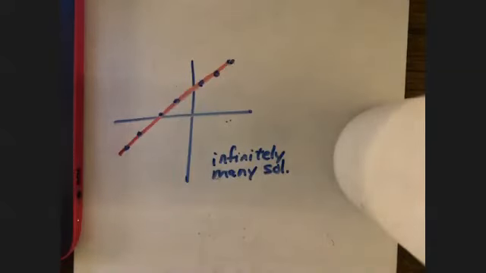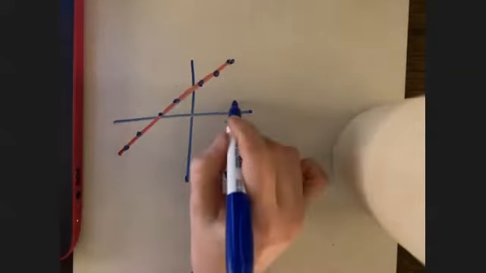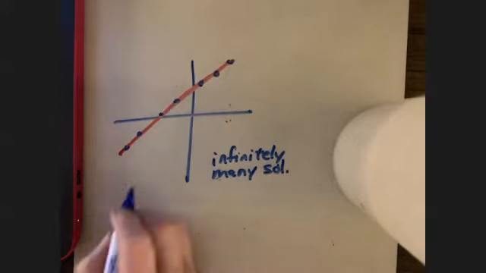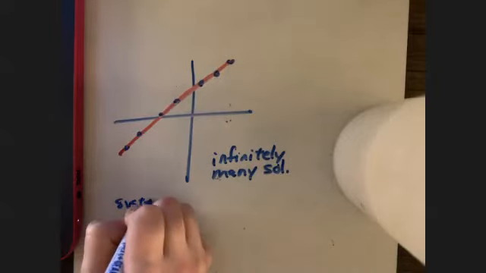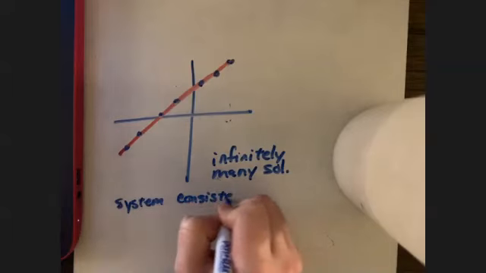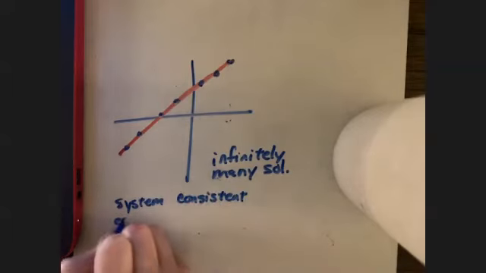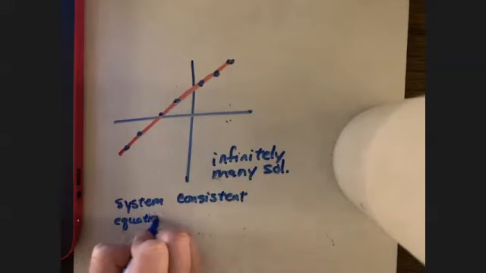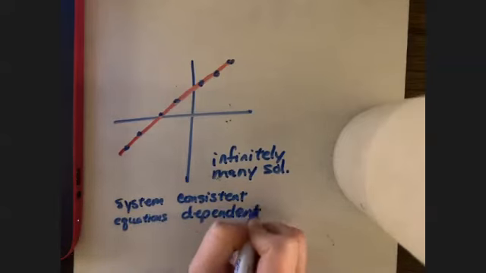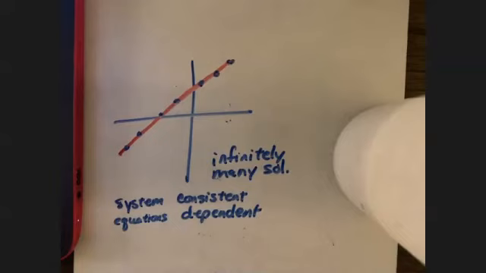Okay, do not confuse this with all reals. If you say all reals, that means that dot works. That dot is not a solution on that one, okay? So it's infinitely many. The system is consistent, because I do get an answer. I get lots of answers. The equations are dependent. And that is because when I get one equation, I'll automatically get the other equation, okay?